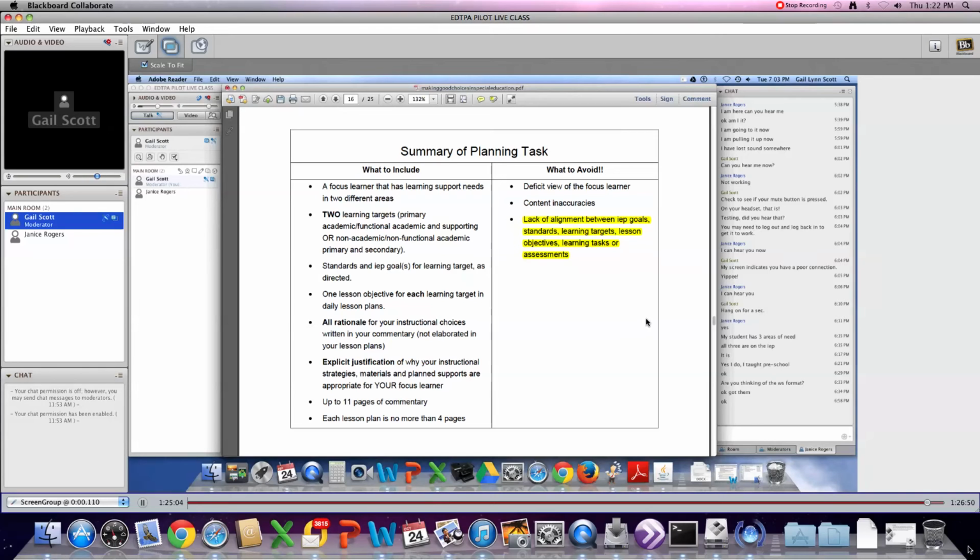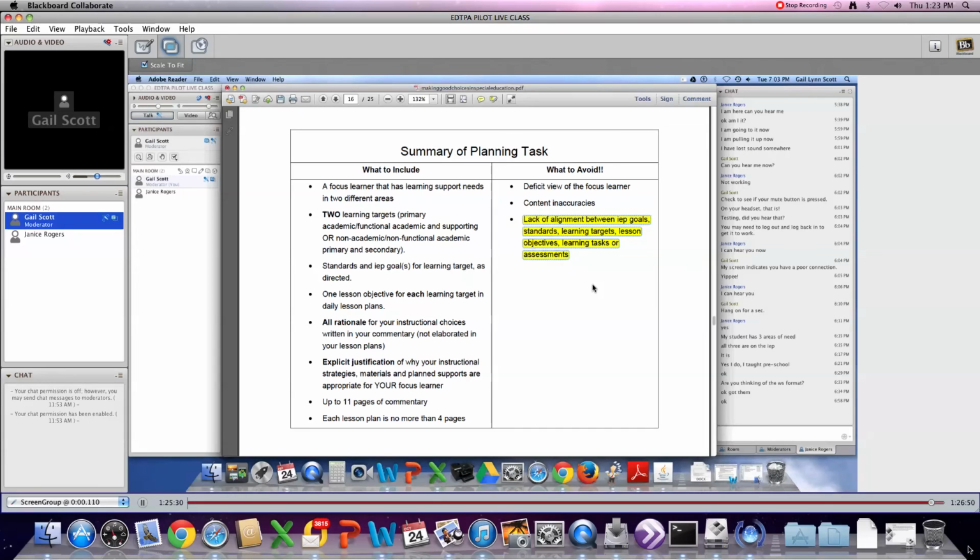The lesson objectives had to do with stating colors, and the learning task had to do with something completely different. And the assessment was nowhere in line with any of those things. So every time that person got to another one of these pieces, they thought, well, I can't make it talk about the same thing. I have to make it different because now it's called a learning target, so I have to make it look different.